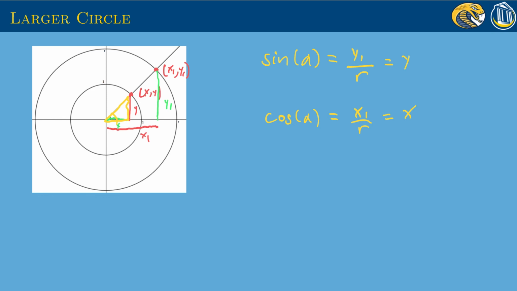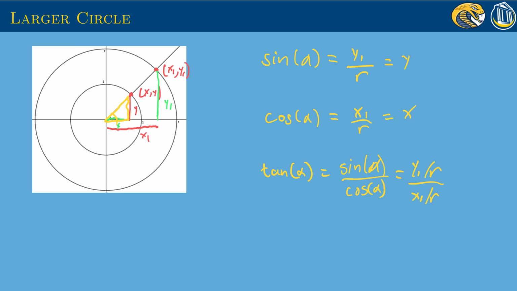We can see this even further with our other trig function, tangent alpha. It doesn't matter what size circle we're using, we can define this as sine of alpha divided by cosine of alpha. For our unit circle, we could define this as y over x, but for our larger circle, we could define this as y1 over r divided by x1 over r.